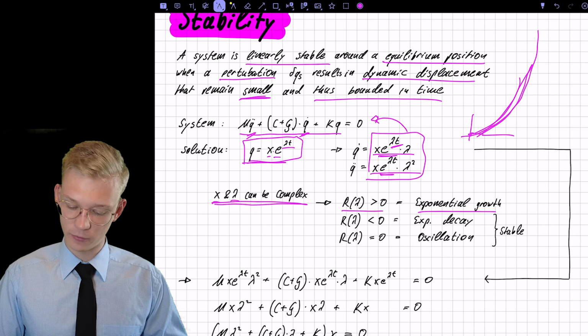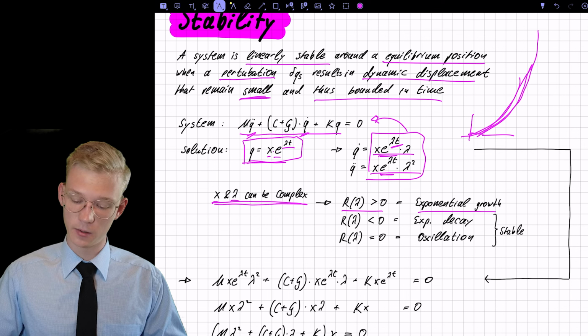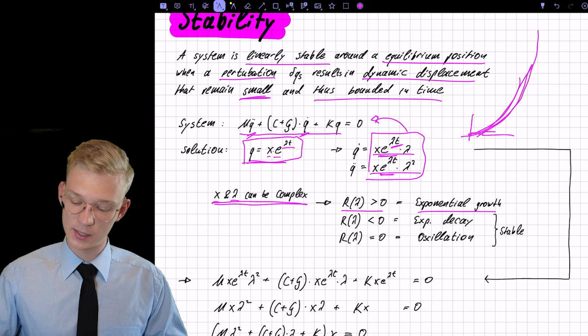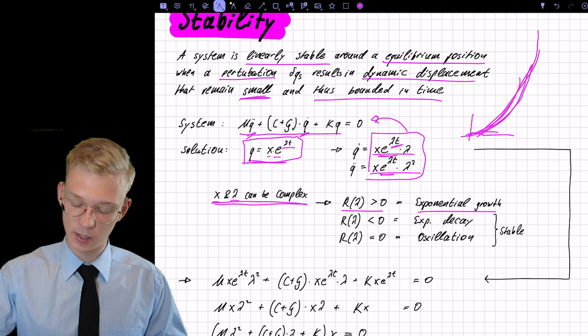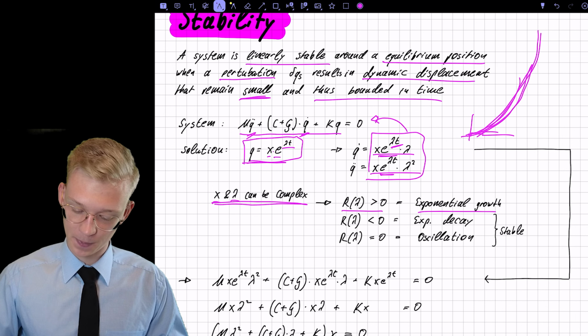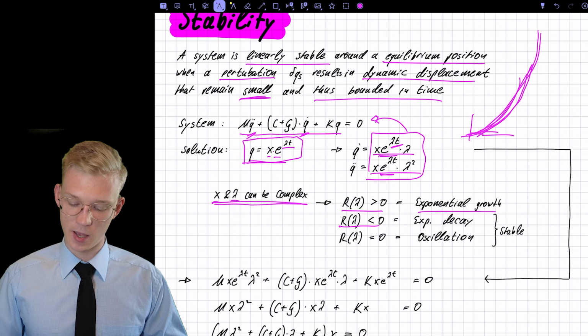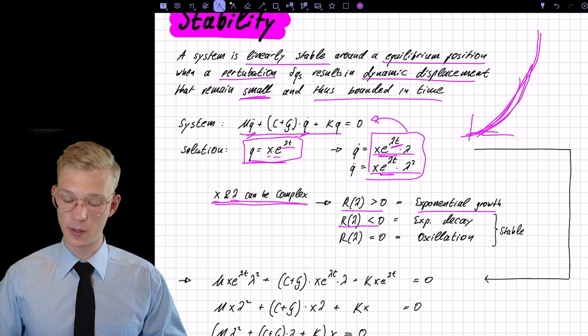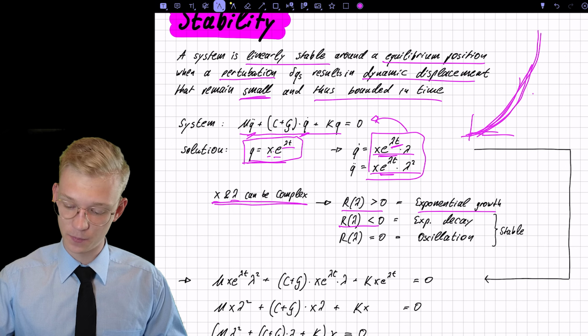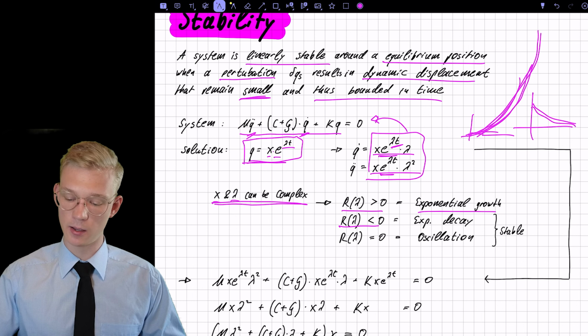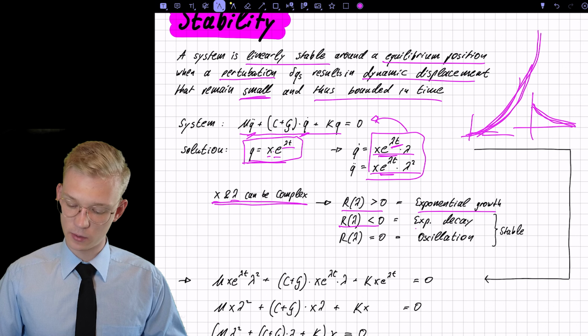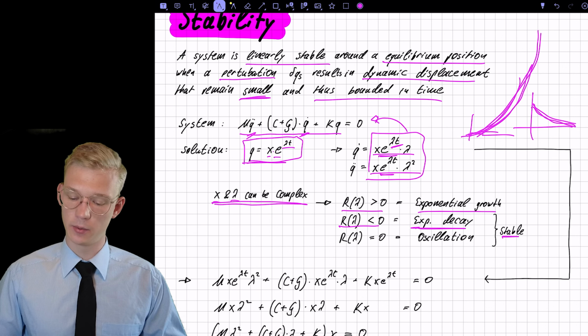That's why, if the real part of lambda is larger than 0, the system is not stable because our graph is going up. If the real part of lambda is smaller than 0, we have a system that is exponentially decaying. So we have this decay and we call that stable.